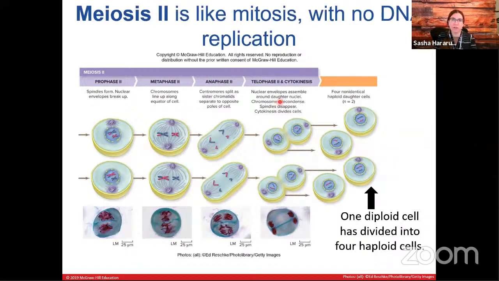And during telophase 2 and cytokinesis, the nuclear envelope forms, the protein ring forms, the protein ring contracts, and we have 4 haploid cells. So from one germ cell, the four sex cells are created. Each germ cell produces 4 gametes once it undergoes meiosis.